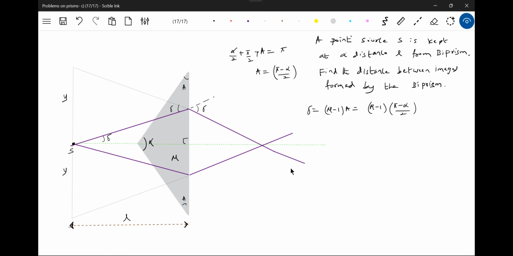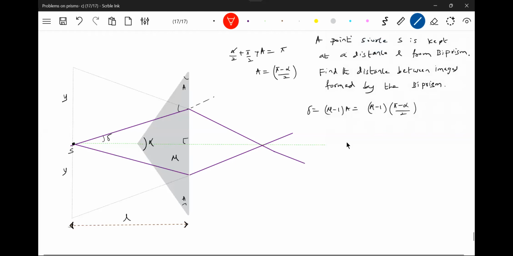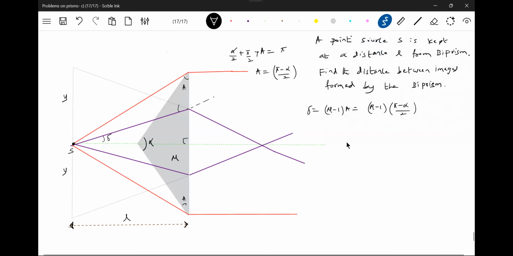With a diagram like this, the calculations will be easier. So here the ray will go like this. We can take several rays, and the calculations will be very much easier.